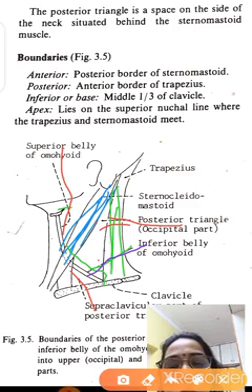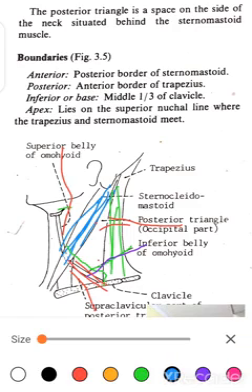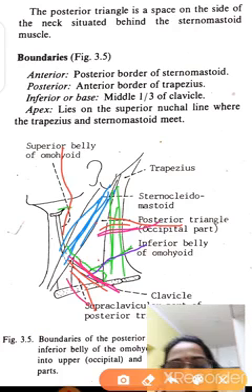So the inferior belly of omohyoid is dividing the posterior triangle into two parts, the upper occipital part and the lower supraclavicular part.